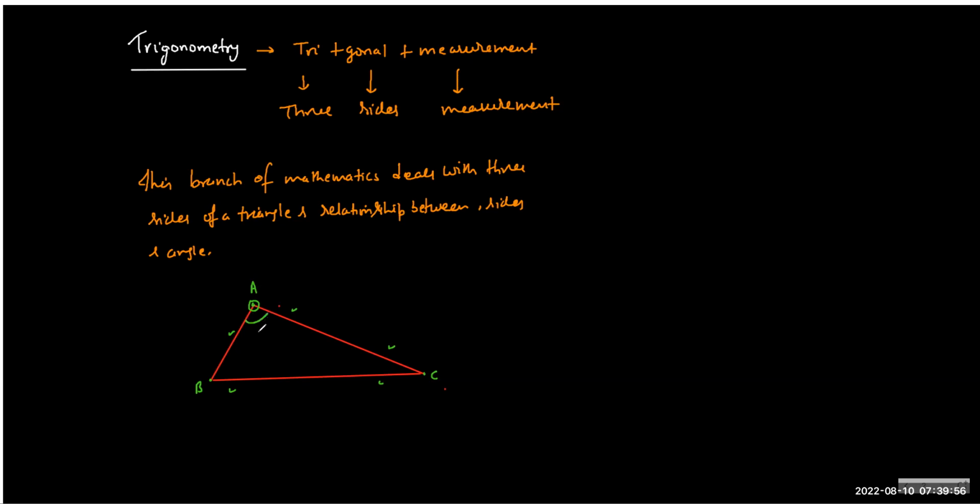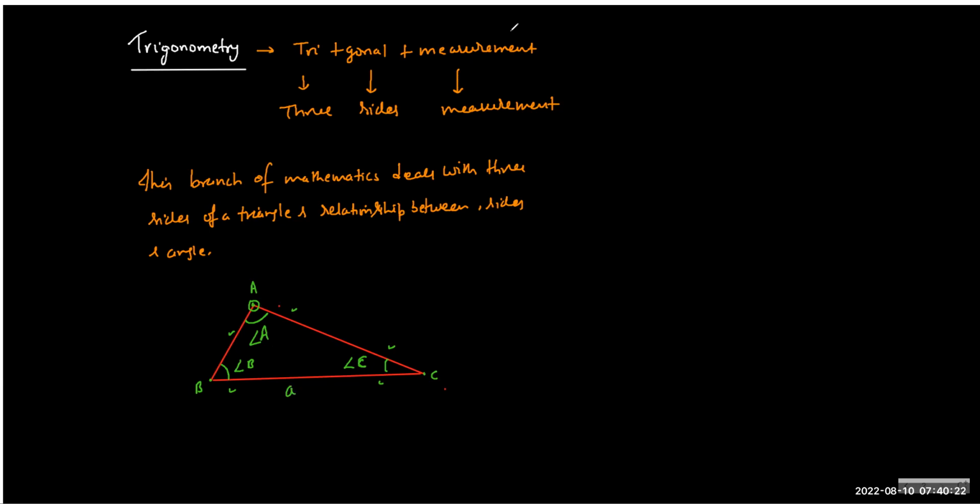Now there are some conventions that one should be aware of. The vertex A, this is called angle A. We use the inclined symbol for angle. This we call angle B, and I hope you all know these are symbolic notations. And this we call angle C. These are capital letters: A, B, C are uppercase letters. The side opposite to vertex A we call small a.